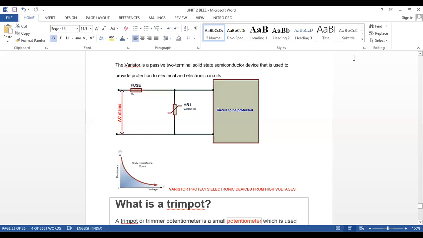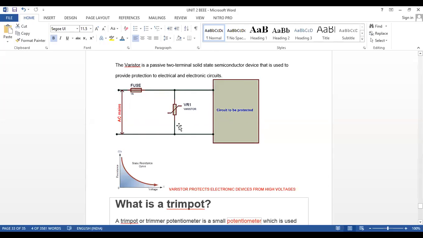Now here I'll show you. So now you can see this is our switchboard AC mains, and we are having the fuse in our house. Okay, we'll discuss the fuse later on in the third unit. Now this is the symbol of varistor, and this is your circuit to be protected, means your television or your smartphone. In our smartphone we are having the varistor. I cannot draw the varistor inside the smartphone, so for our explanation we put it here.